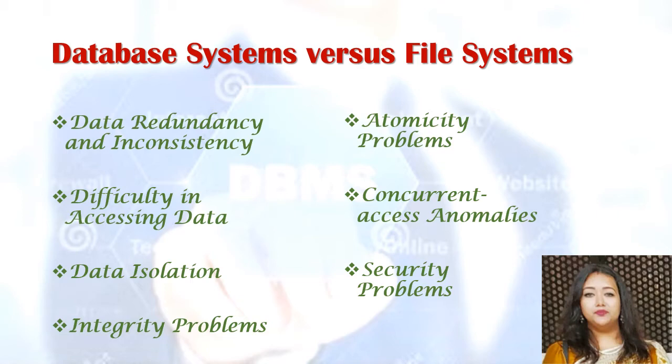So what happens in accessing data? Suppose one of the bank officers needs to find out the names of all customers who live within a particular postal code area. The officer asks the data processing department to generate such a list.